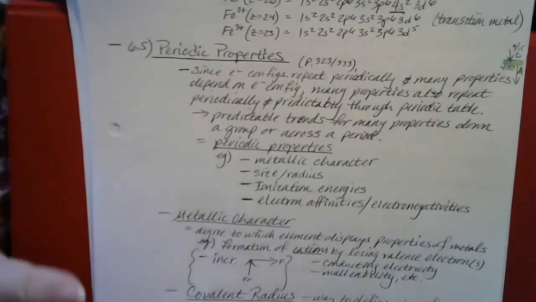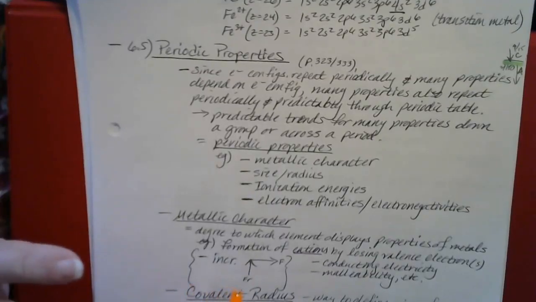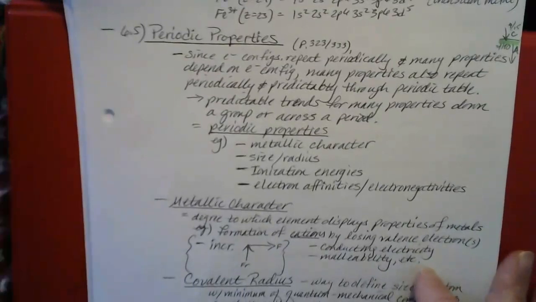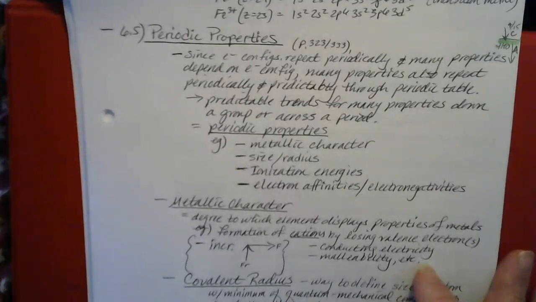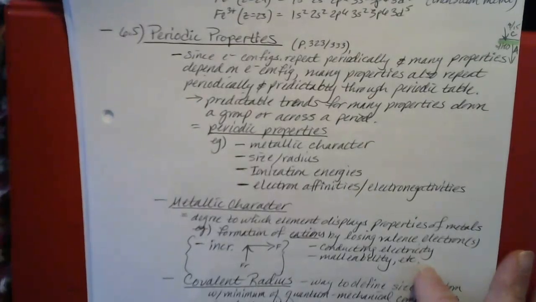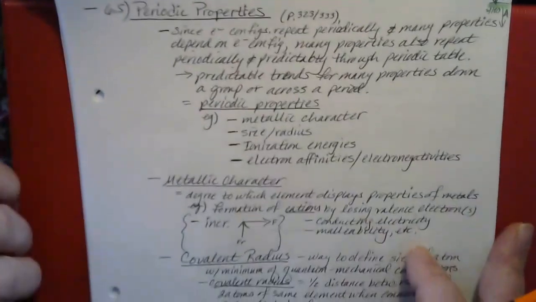That means the periodic table is set up according to electron configuration also. And because various properties vary according to the electron configuration, there are various properties of the elements that vary according to where they are in the periodic table.